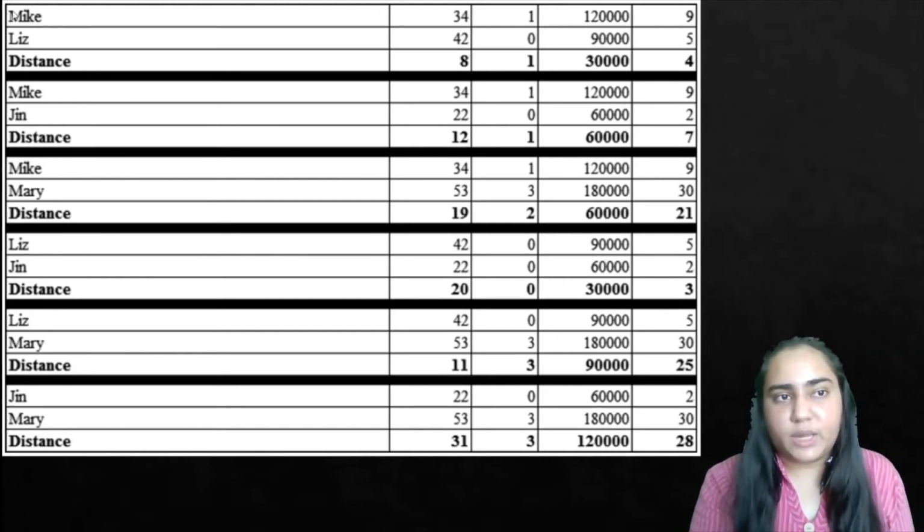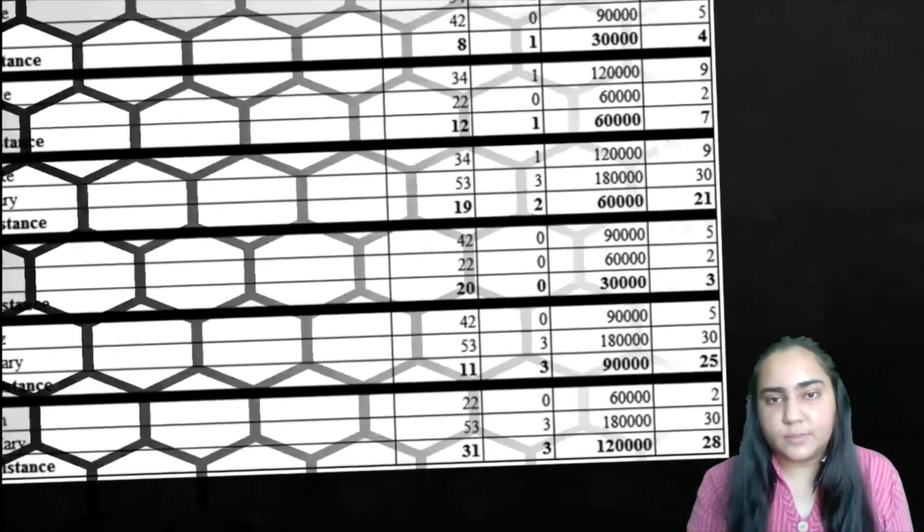Since you've taken Mike and Liz, you don't have to take Liz and Mike. So we take Liz and Jin, and this is the difference. Then we take Liz and Mary, and this is the difference. The only 2 people between whom we haven't found the distance yet are Jin and Mary. That would be 31, 3, 120,028. So that's how we find the distance.